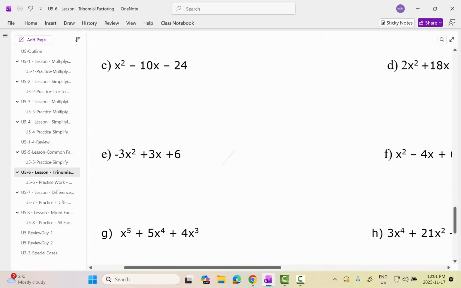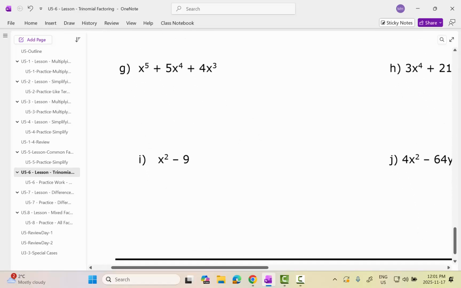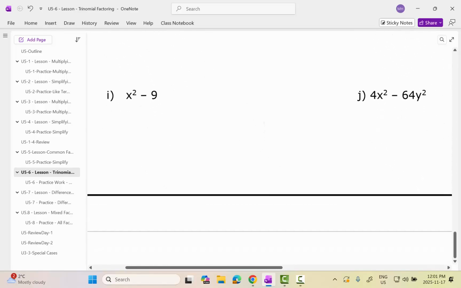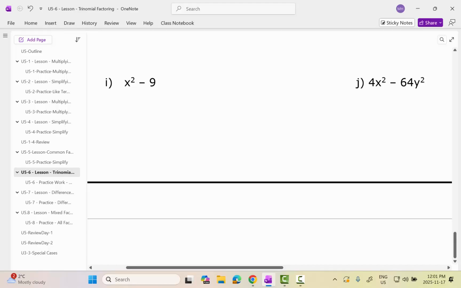All right, let me try 2 more questions at the bottom. I'm going to jump to the bottom question here because they look a little bit different. Let's finish I and J here, and then that should be the end. So again, 2 brackets. The brackets have to start with X and X, right?